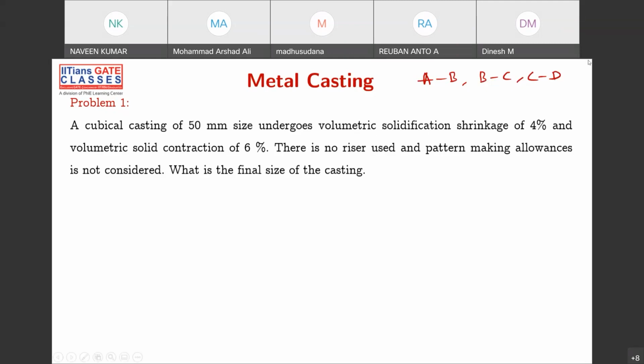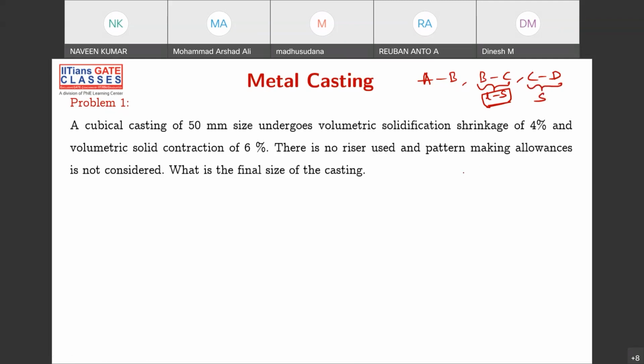Here it is the liquid to solid state, both are there. And solid contraction is from where to where? It is C to D. This is only solid.